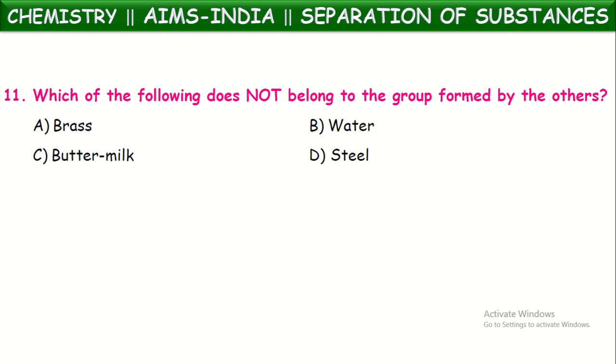If you observe, brass, buttermilk and steel are mixtures, whereas water is the only pure substance, isn't it? Water is a pure substance, a compound. Steel, brass and buttermilk are all mixtures of two or more substances. So water is a pure substance, whereas the remaining three are a group of mixtures.